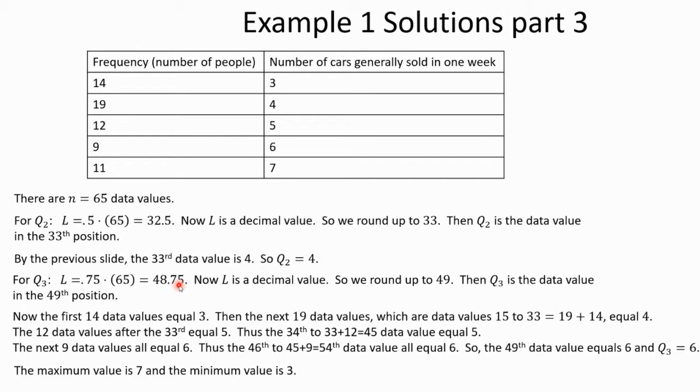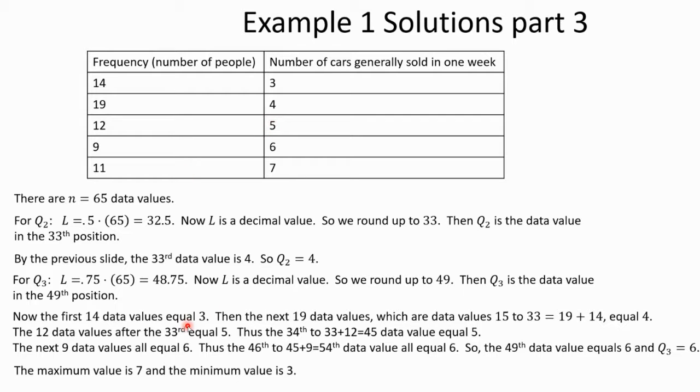Okay, well, we have the first 33, right? I reproduced that here. The first 14 all equal 3. Data values 15 to 33 equal 4. The next 12 data values all equal 5.